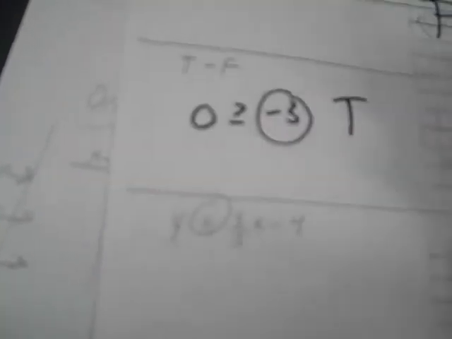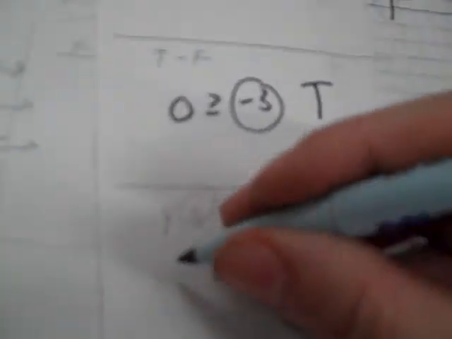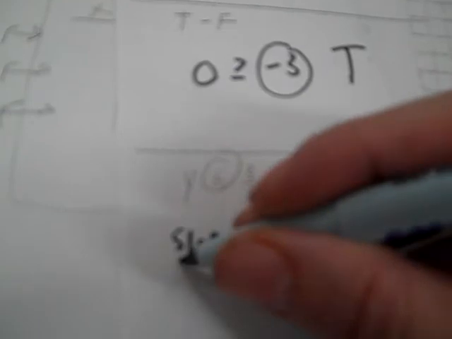Okay, my next one, y is less than or equal to 3/5 x minus 4. And the y and x are both here, but this time they're on opposite sides. So the best way to graph a line, if the x and y are on opposite sides, especially if the y is by itself, is to use my slope and y-intercept.